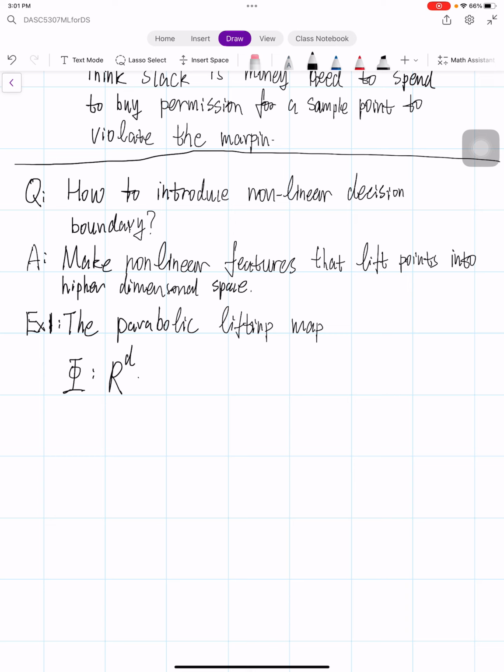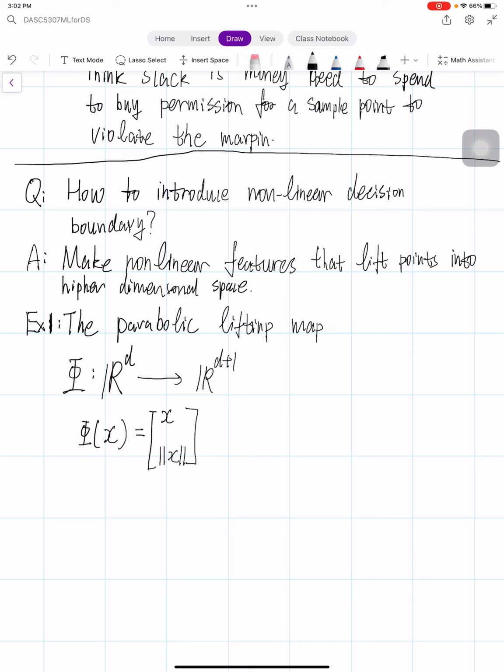Then we can introduce one more dimension, D plus 1, by introducing the length of the vector. For example, we have the vector x1, x2, which maps to the vector itself, and we also add one more dimension given by the length of the vector.